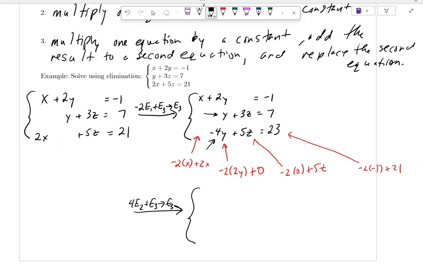Does that change the first equation at all? No. Does that change the second equation at all? But what equation does it say we're replacing? 3, right? So it doesn't replace equation 2 either. Doesn't change equation 2.